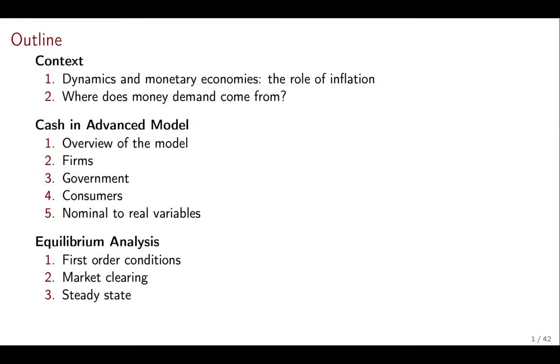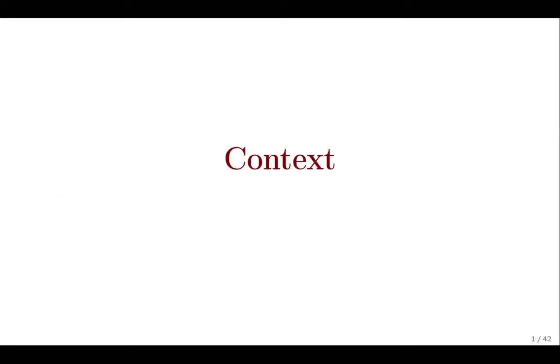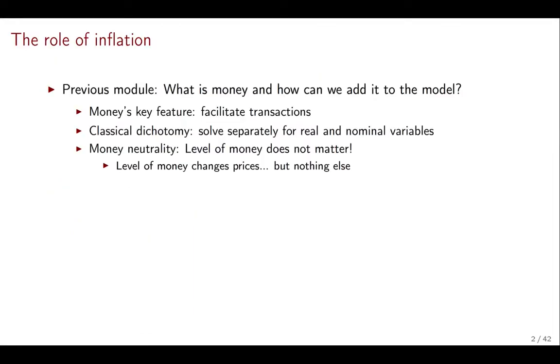Then the final thing we're going to do in this module is talk about the optimal level of inflation. If inflation is distorting the behavior of people, then the government can decide what the level of inflation is by changing its monetary policy. And then you could ask, what is the optimal level of inflation and what's the monetary policy that achieves that level? So, to some context.